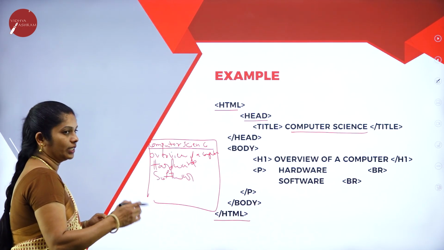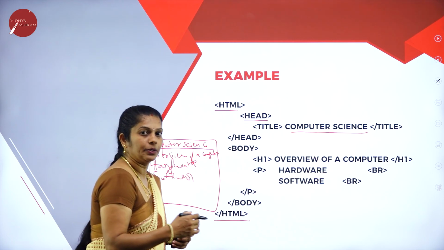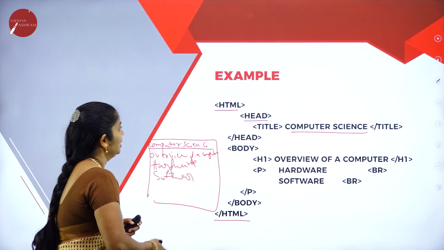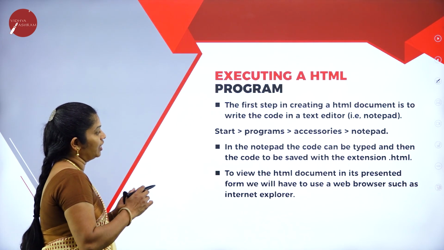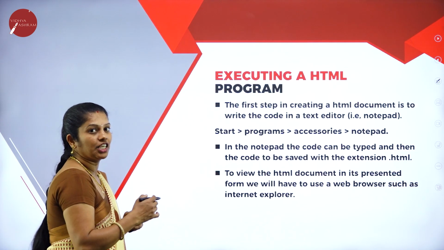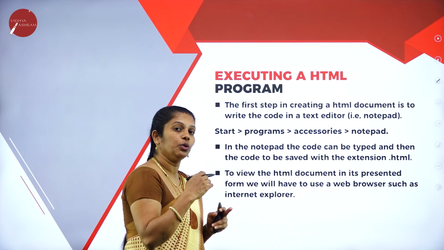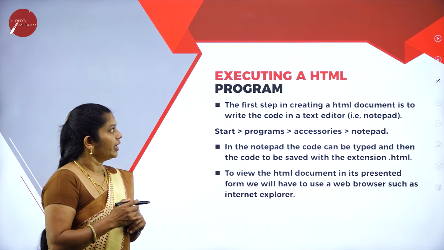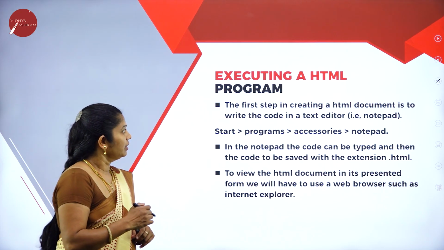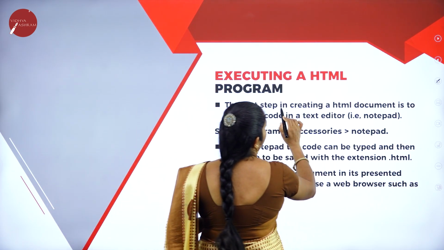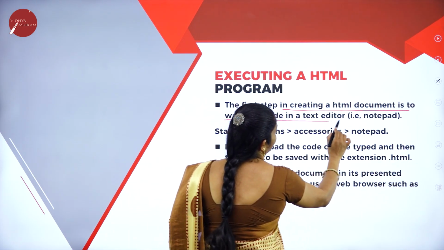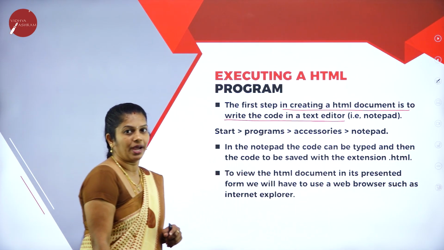It means that whatever content we want, we can display in web page format by using HTML tags. Next, I am going to explain a few tags, how to execute an HTML program, and how to use the tags. When you want to execute an HTML program, the first step in creating an HTML document is to write the code in a text editor like Notepad.